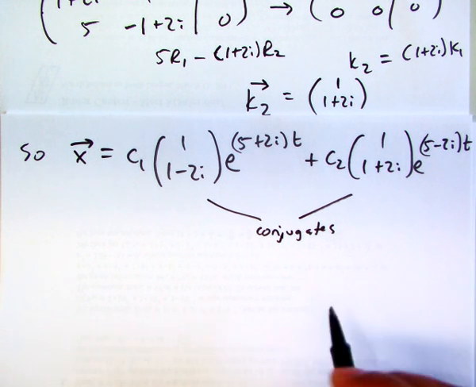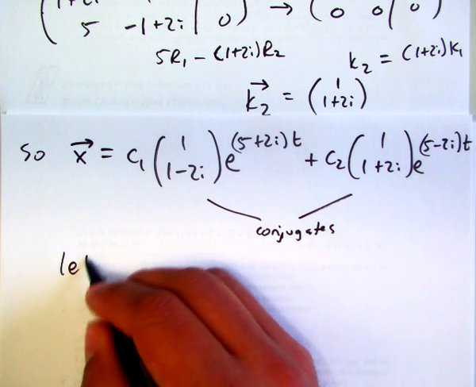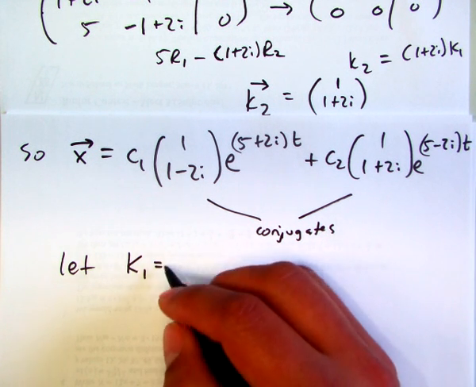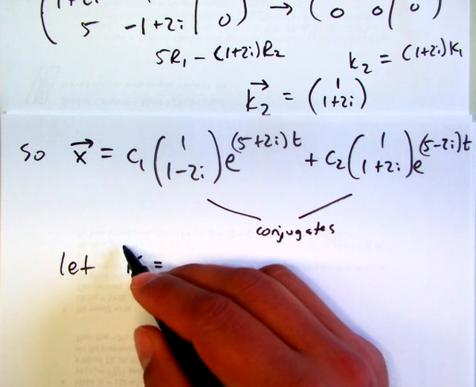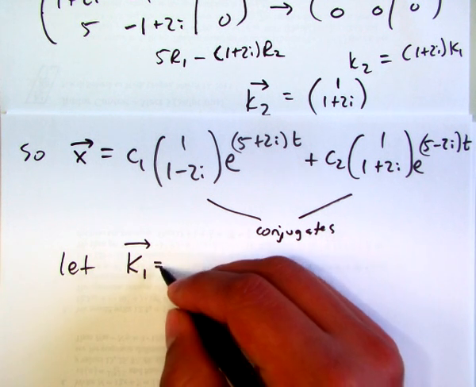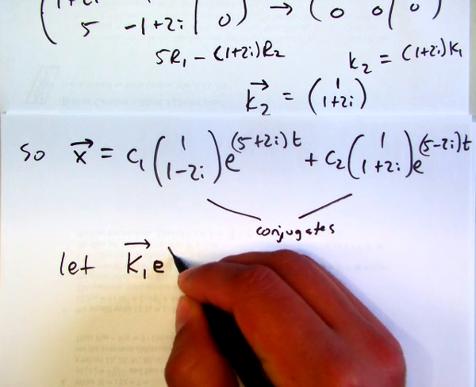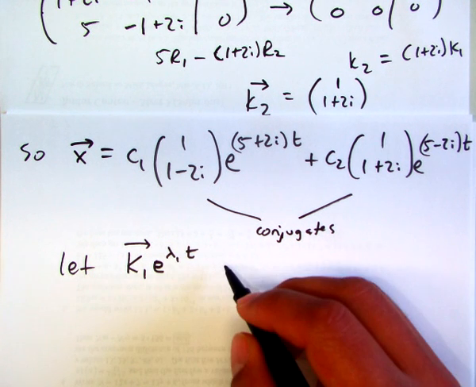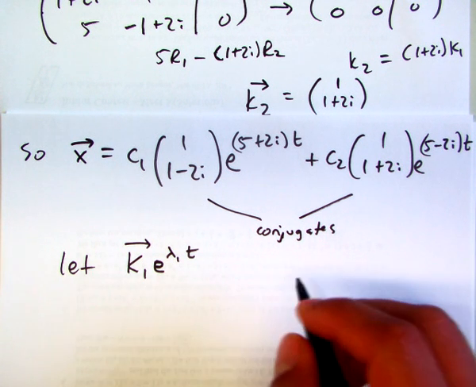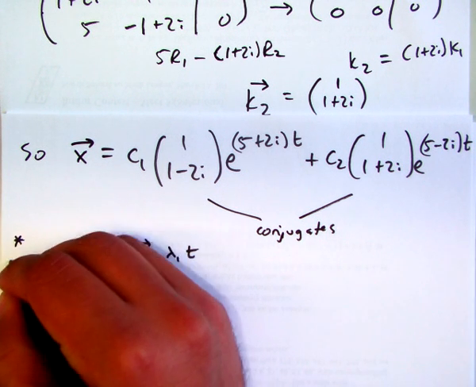So we'll let K1 e to the lambda 1 t. You know what? This is going to get confusing. Okay, at this point, I'm going to drop the vector notation.